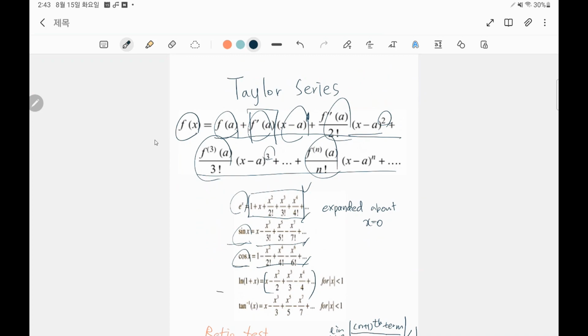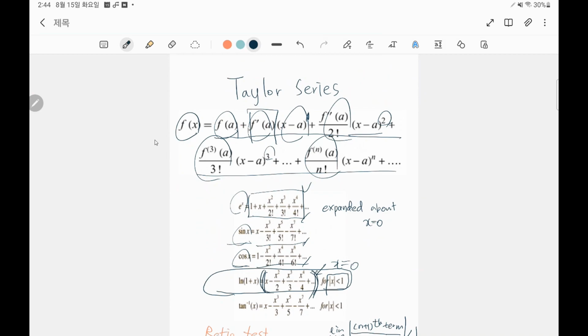Because actually, if you look at the fourth equation here, ln of 1 plus x, expanded about x equals 0, you get this Taylor series here on the right hand side, but it has a condition in which this Taylor series diverges from the original function, other than the condition in which the absolute value of x is less than 1.